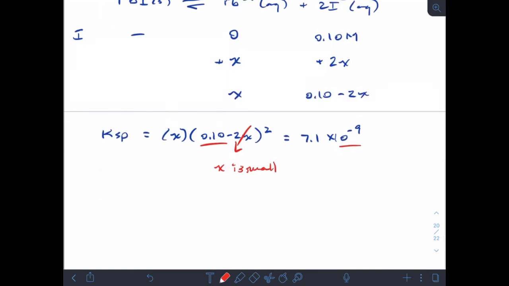All right, so let's rewrite this so that we have x times 0.1 squared. Right, a lot of these types of problems will allow you to do this, because often our solubility constants, our Ksps, are very, very small numbers, so we can often make the assumption. All right, and we're going to find that x equals 7.1 times 10 to the minus 7.